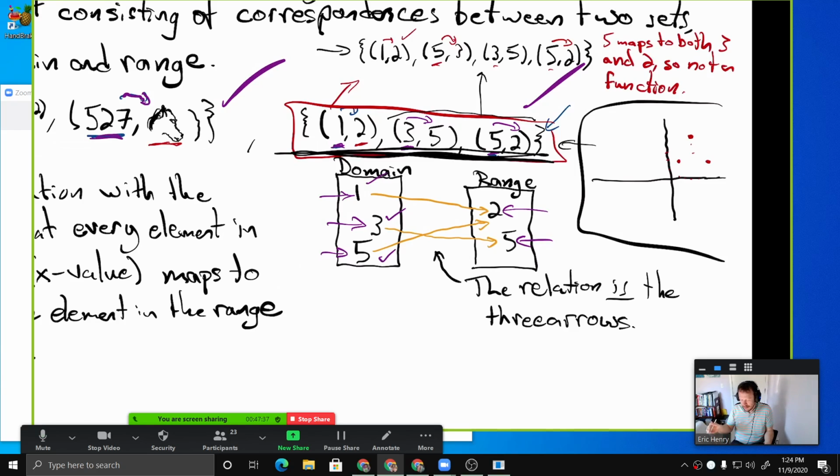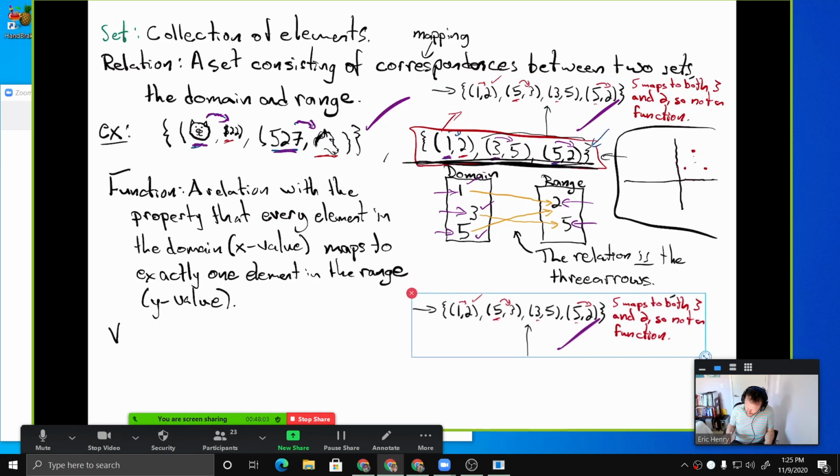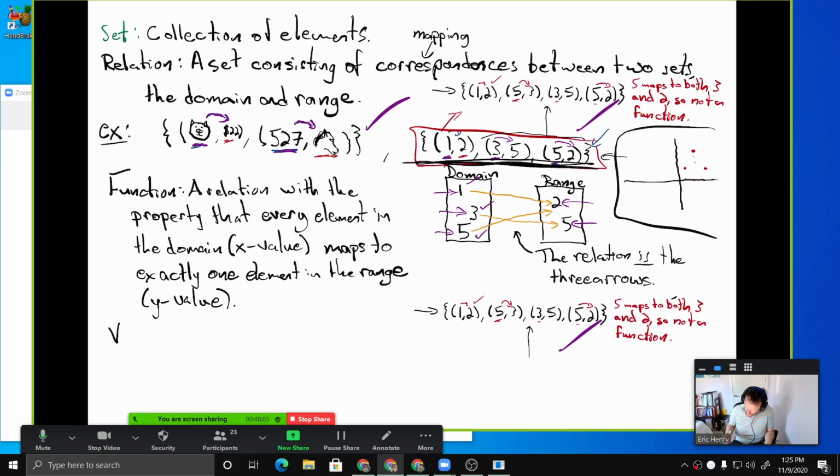Okay. I didn't leave enough space. I took up all my space where I was hoping to put a graph of this. So I'm going to move it underneath and then do this.